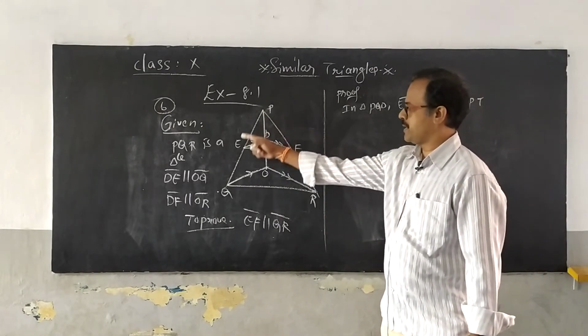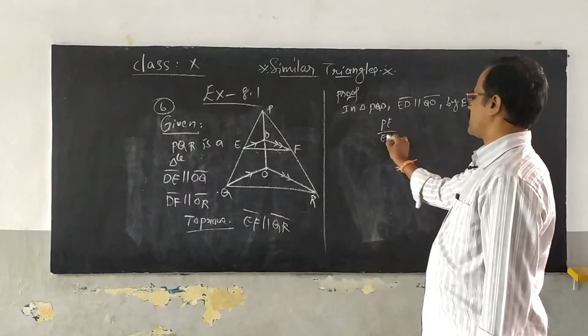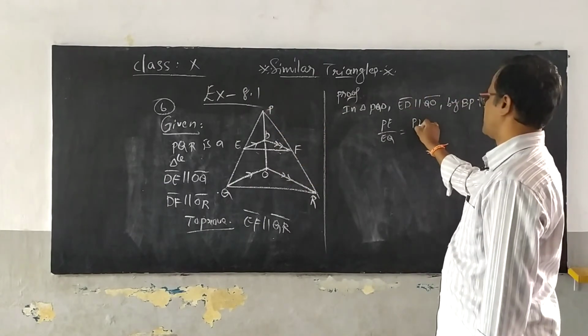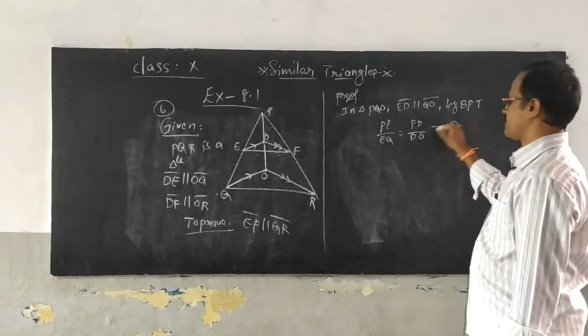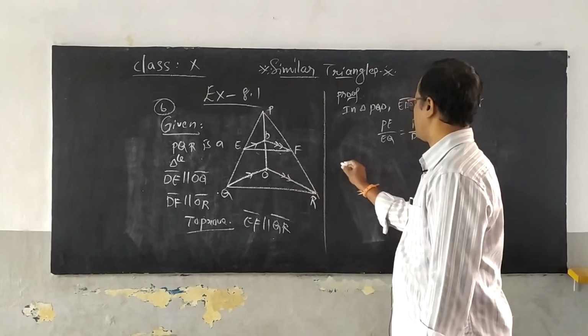what do we write? PE by EQ is equal to PD by DO. Very nice. Take this one as 1. Similarly, we go to the next triangle PRO.